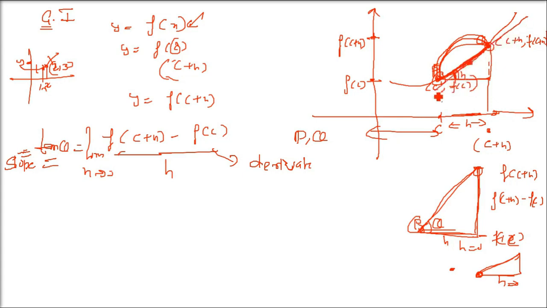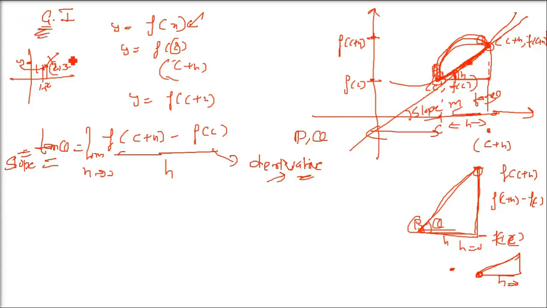So take that point, c comma f(c), and draw a tangent. Whatever is the slope of this tangent, the value of m, that is the derivative of this particular function. So it's the instantaneous value. Any point I ask you, you are now confident to give me the value.